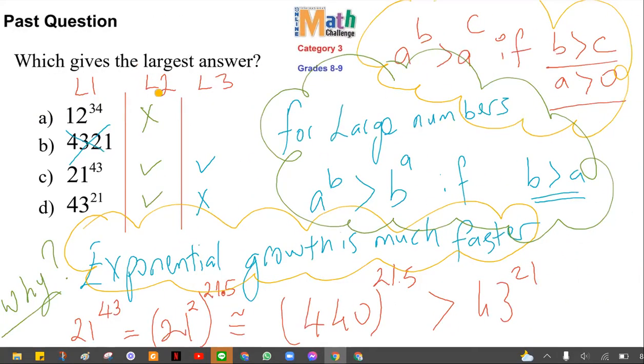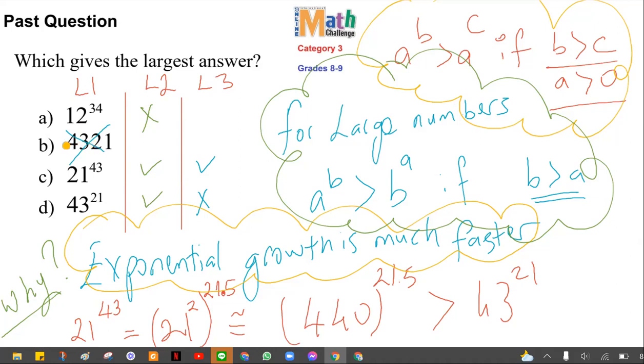The question number 3 asks which one is the largest. For this kind of question, first keep in mind that exponential numbers grow very fast, much faster than normal numbers or polynomials. So if something is exponential, we should be careful. Probably it's a very big number.